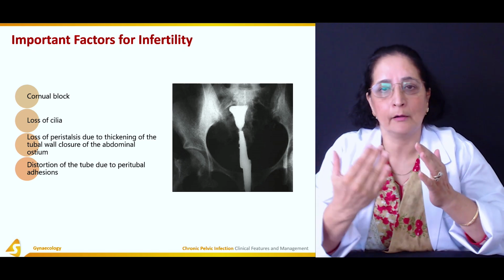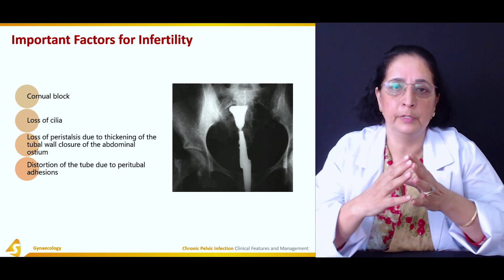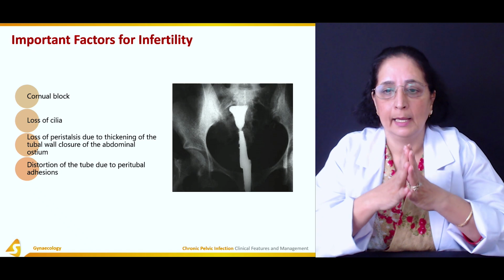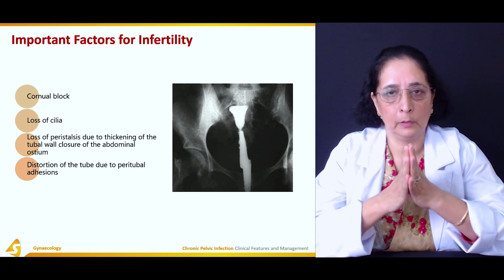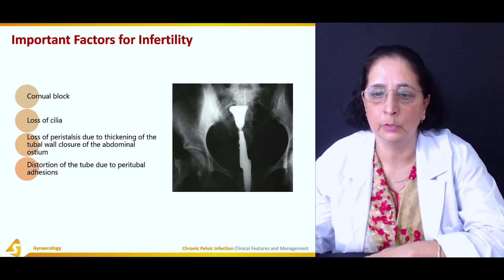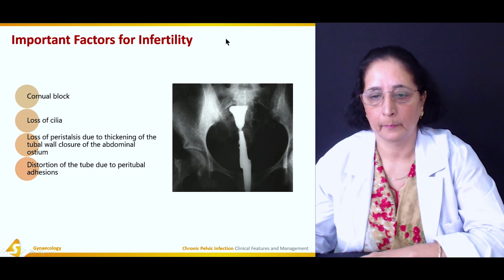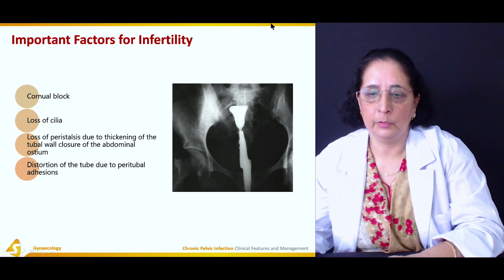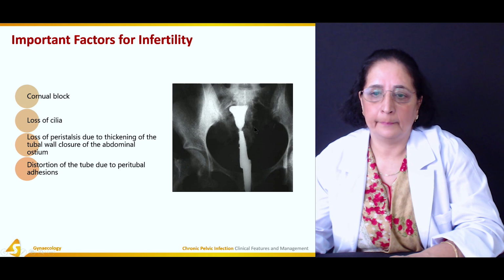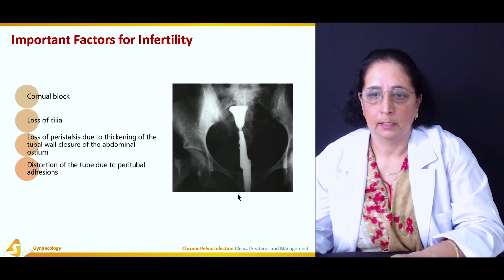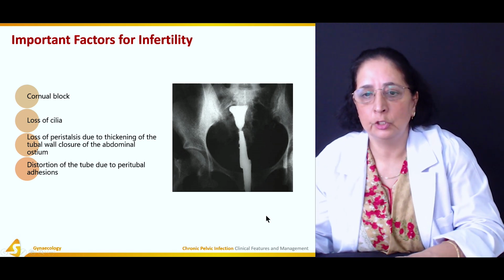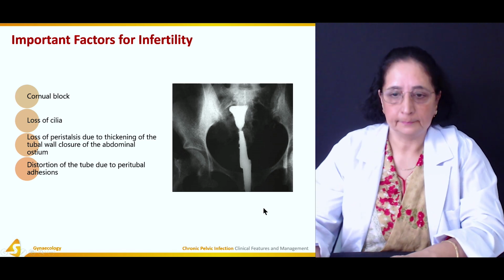Peri means around. Around the tube there is adhesion formation, and that can lead to scarring of the fallopian tube, and that can lead to infertility. In this X-ray, you can see different narrowing and adhesion formations that can lead to infertility.